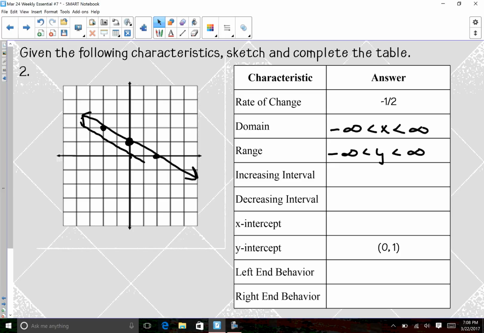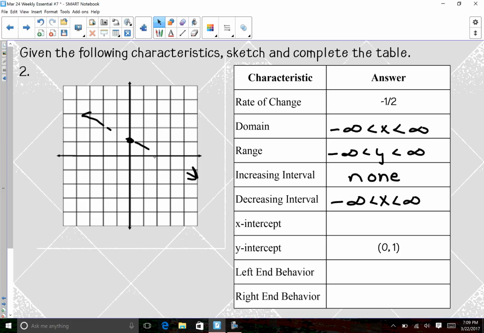You see how I'm going down? Therefore, this is a decreasing interval, and it's decreasing everywhere. So it's going to decrease from negative infinity to infinity. And since it's decreasing, we know it's not increasing.